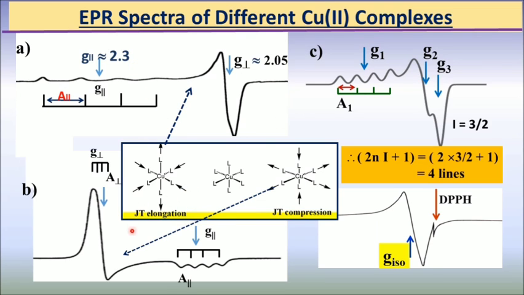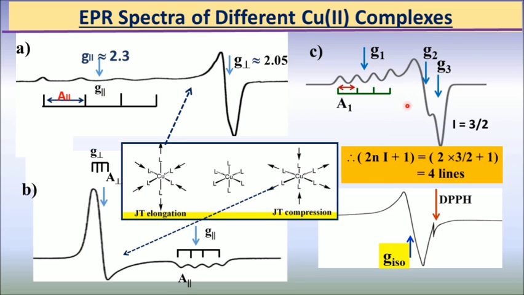Under certain conditions, such as lattice constraints in the crystal, there are also copper complexes in the JT compressed state. In this case, g perpendicular is greater than g parallel. If g perpendicular is greater than g parallel, then it is a tetragonally compressed complex.